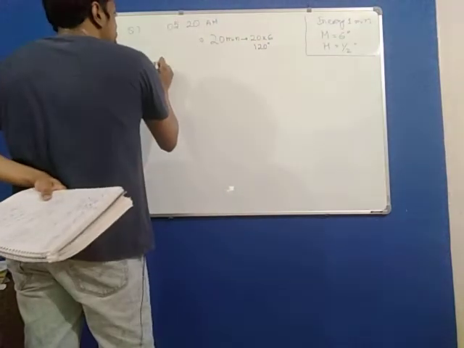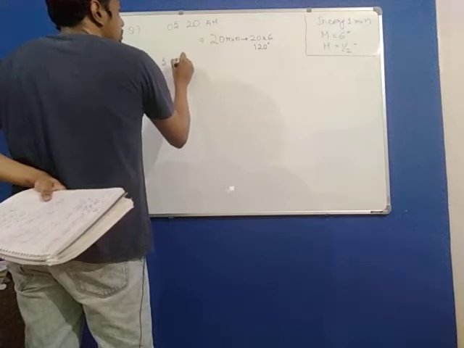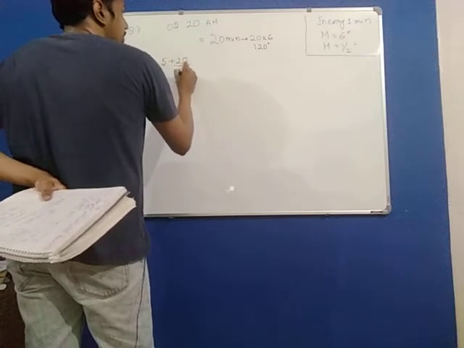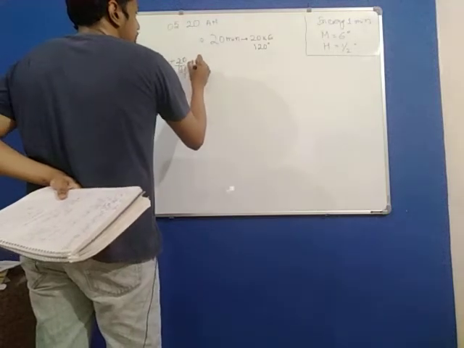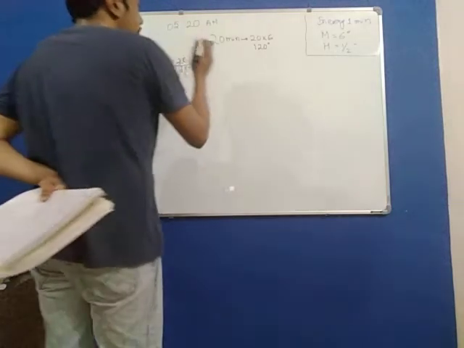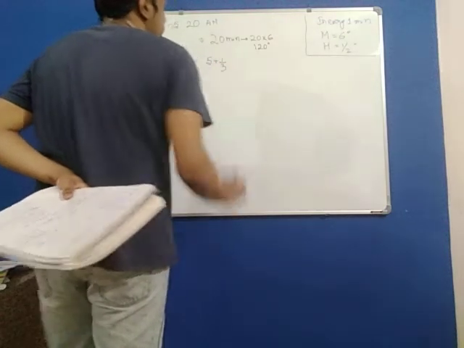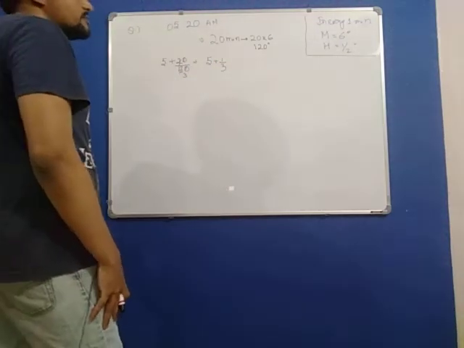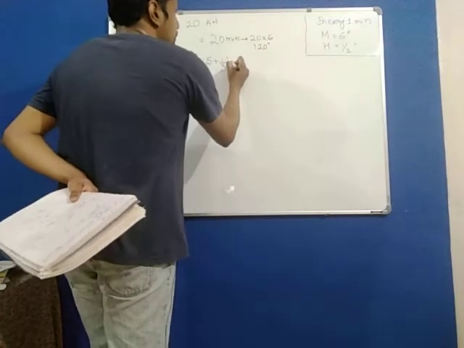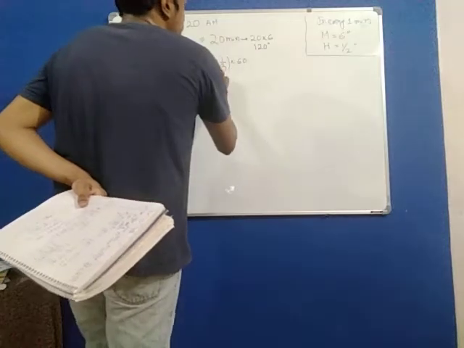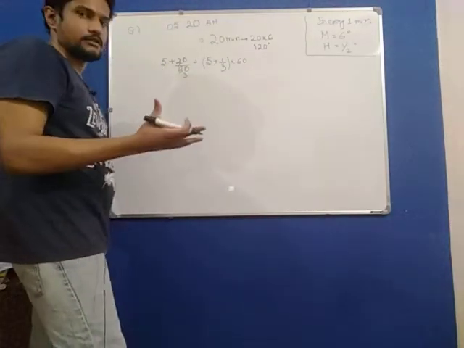Similarly, the hours hand has moved through 5 hours plus 20 minutes. 20 minutes is nothing but 20 by 60 hours. This is 5 plus 1 by 3 hours. 5:20 am is nothing but 5 plus 1 by 3 hours, and 5 plus 1 by 3 hours is nothing but 5 plus 1 by 3 into 60 minutes.